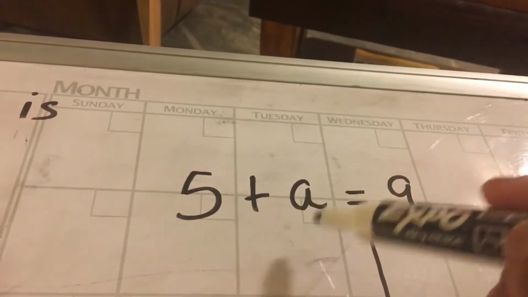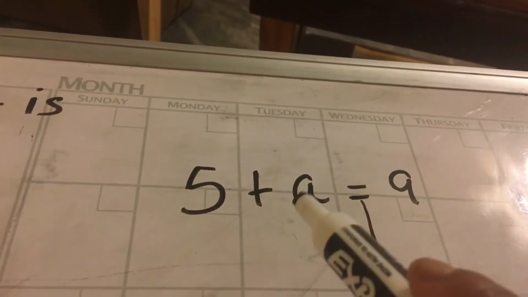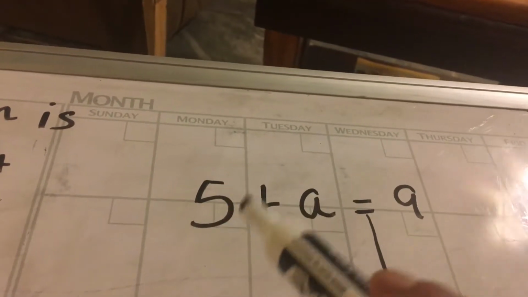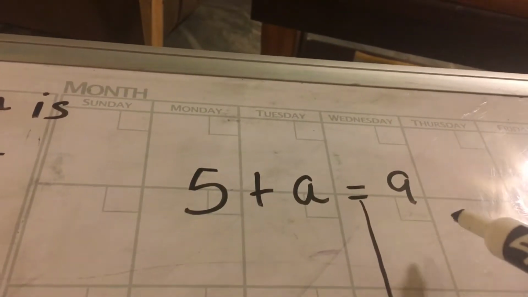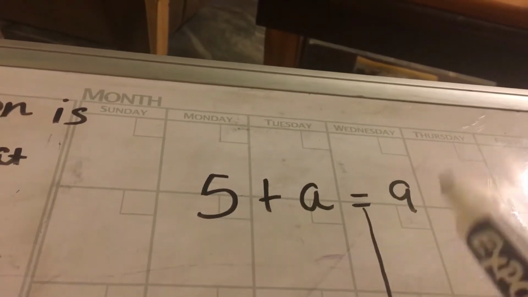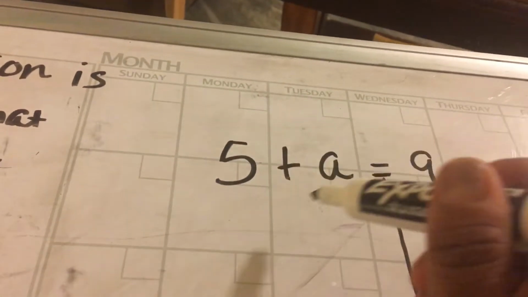Since we want to solve for a, that means the a will stay on this side of the equation, but our positive 5 will move to the other side of the equation. So that the 5 will move to the other side, we're simply going to undo it. So this is a positive 5.